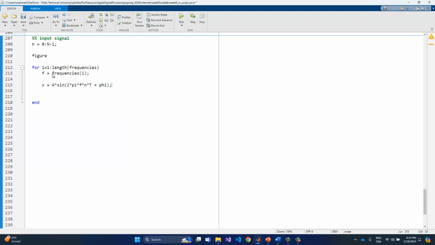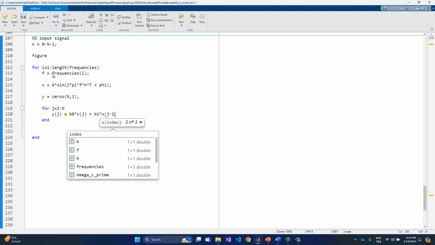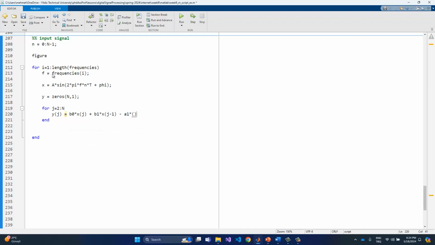And after that y zeros n 1, and also we need to apply this for n. y j must be equal to b0 times x j plus b1 x j minus 1 minus a1 times y j minus 1. This is the first order filtering.